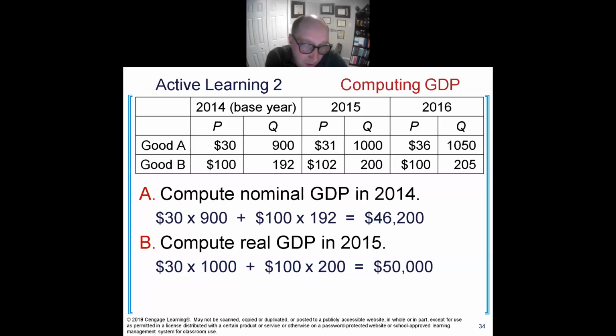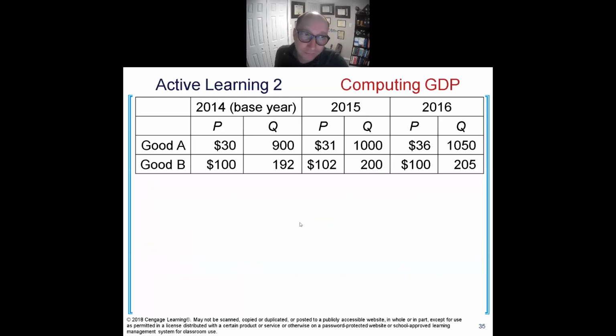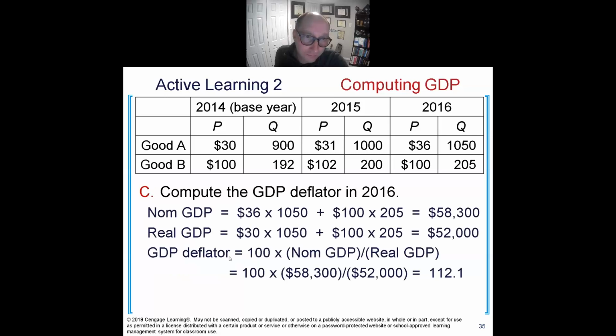Real GDP, we take the base year times the quantity. Base year times the quantity. So that's why you see 30. And then for 2016, for the inflator, you can see the price times the quantity plus the price times the quantity for the nominal rate.